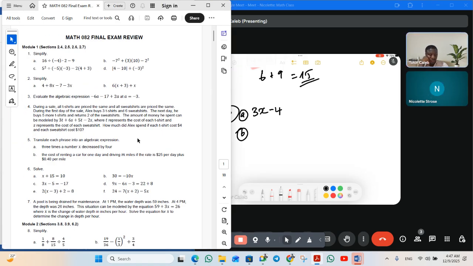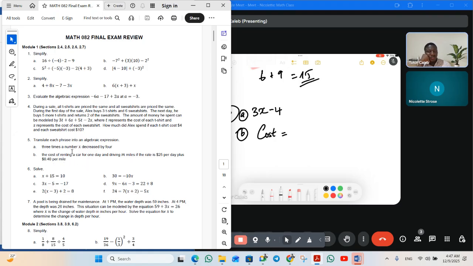So they're saying that the cost of renting a car will be equal to, for one day and driving M miles at a rate of $25 per day plus 0.40 for a mile.